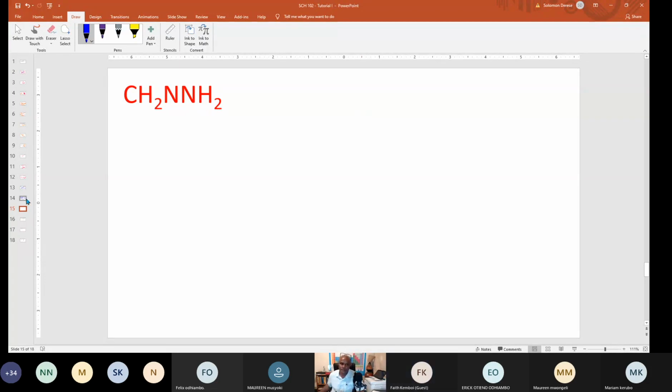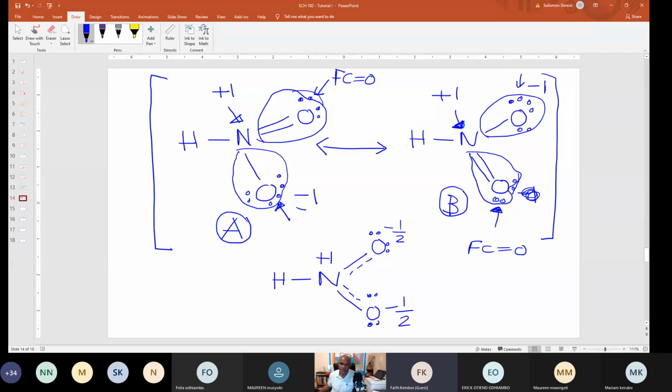Yes. I was asking about the structure you are doing about HNO2. So when you are told to write the Lewis structure, you are supposed to write the two structures. Yes, and then you show how they are related to each other with a double-sided arrow.